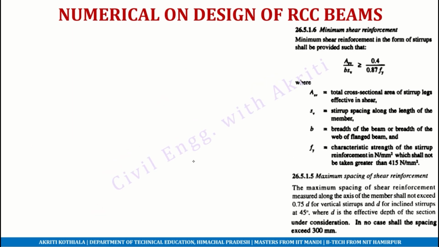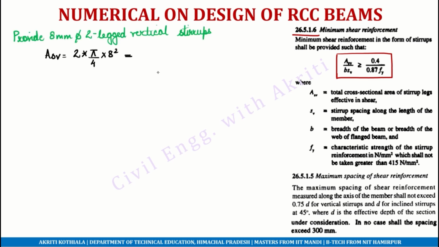For that, we can refer to clause 26.5.1.6, where it gives us the value of minimum shear reinforcement. We'll be providing vertical stirrups of 8 mm diameter, 2 leg. So that will give us a value of ASV equal to 100.53 millimeter square. So this is the value of one cross section of one stirrup.